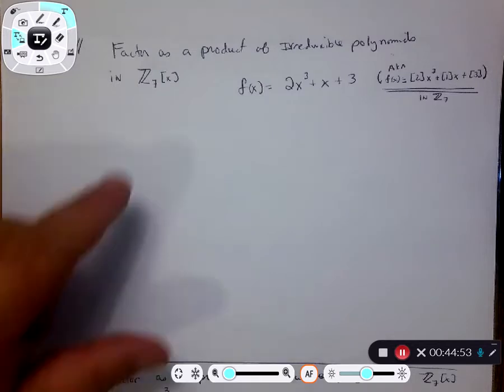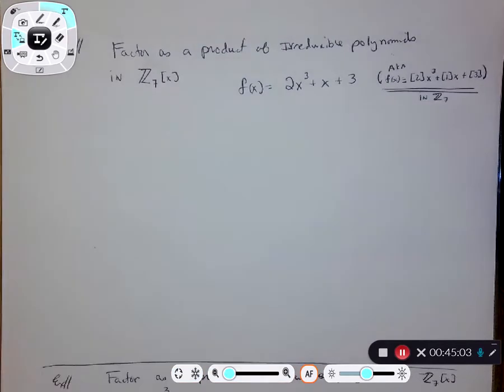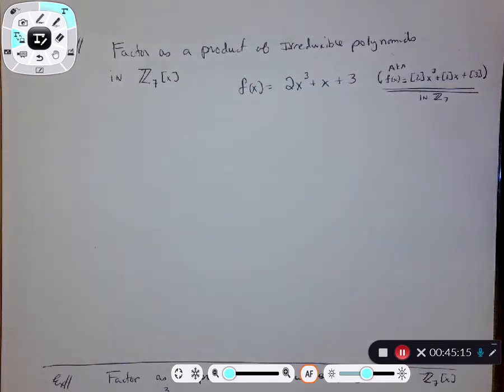Now, if I gave you an infinite field, for example the rationals or whatever, that's when you're going to be graphing the polynomial, looking for where it crosses the x-axis, doing all the tricks that you had in the past. But on this particular one, when you have a finite field, it's going to be a little bit better.